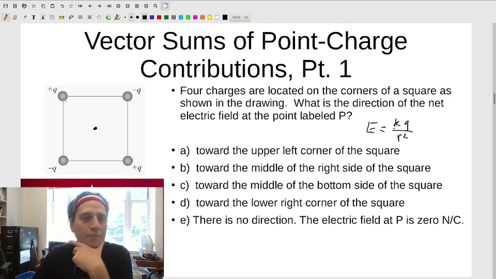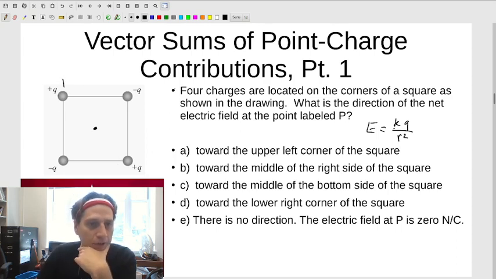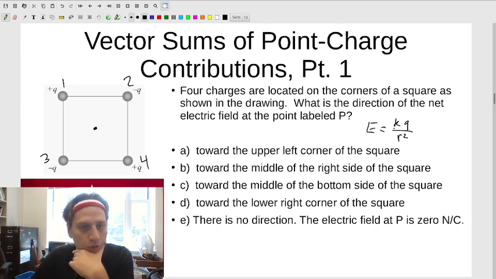So the distance of this point is equal from all of these four charges. The four charges each have an equal magnitude, and so if I label them 1, 2, 3, and 4, I can draw in my electric field contribution from each. This one's going to be pointing out away from 1.